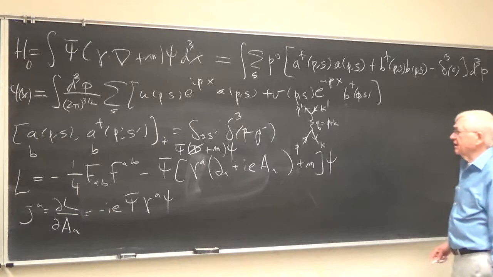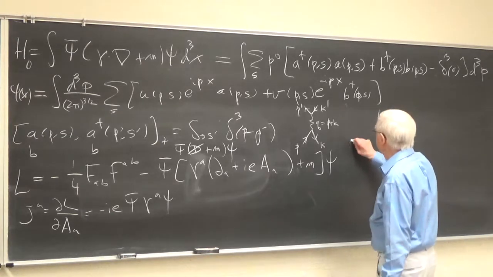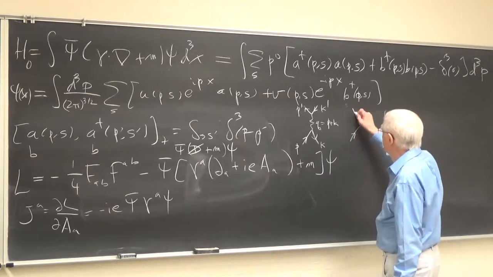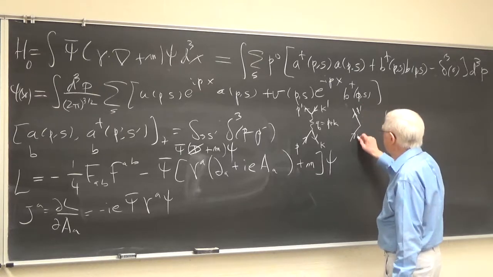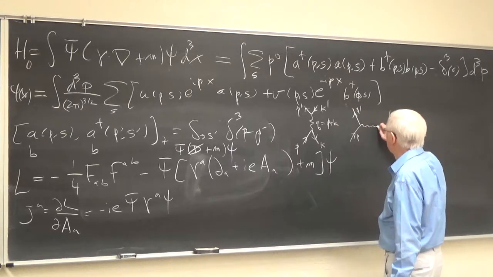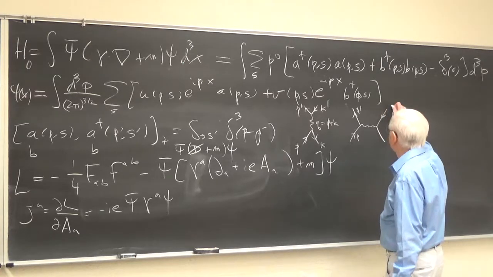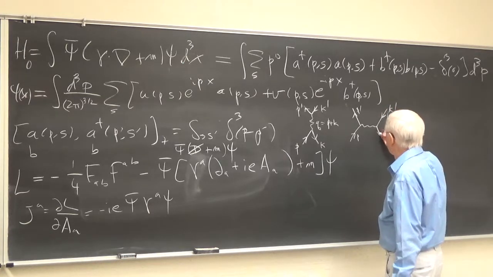But there's another diagram, and the other diagram is P in, P prime out, photon across, and positron out, positron in.